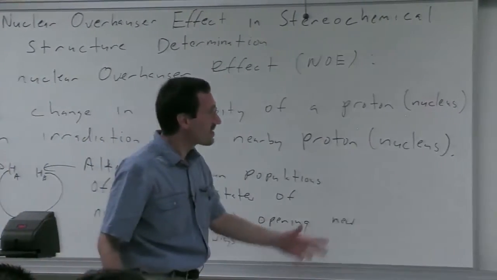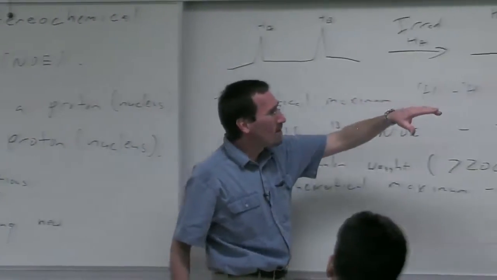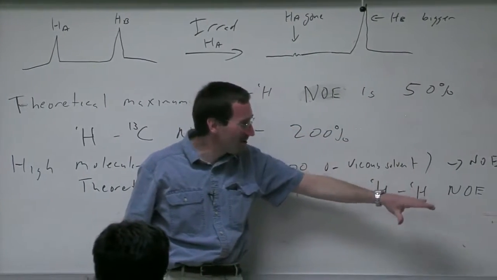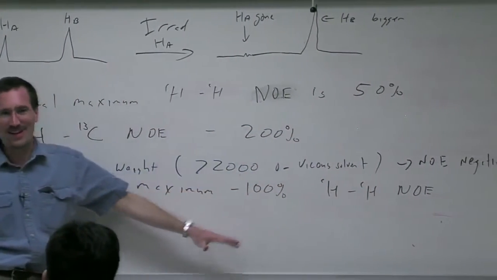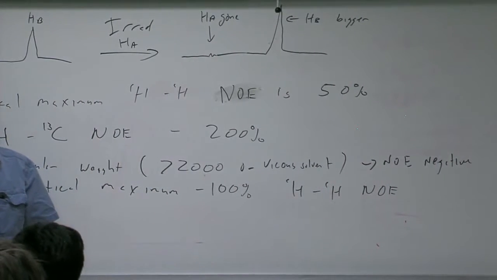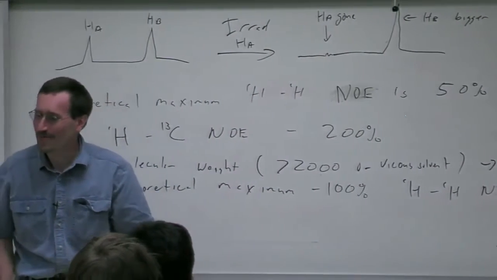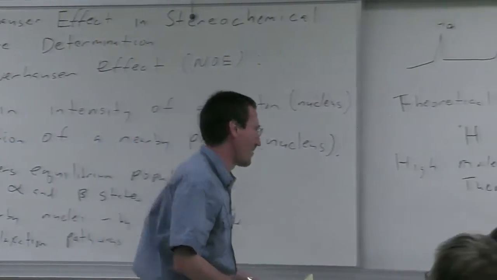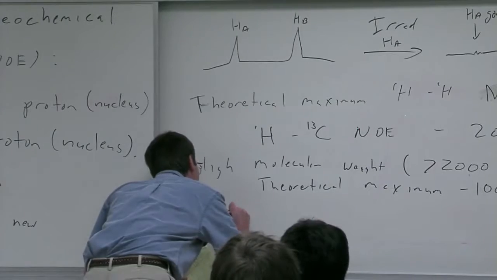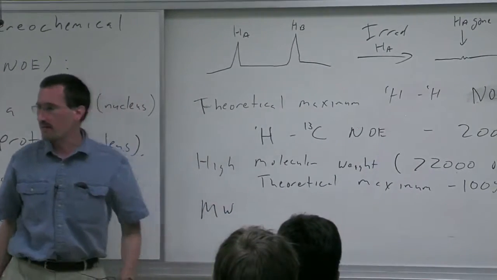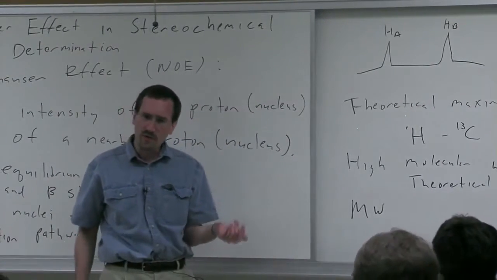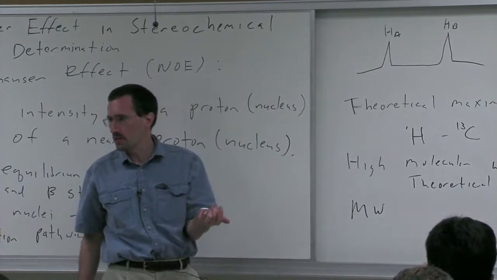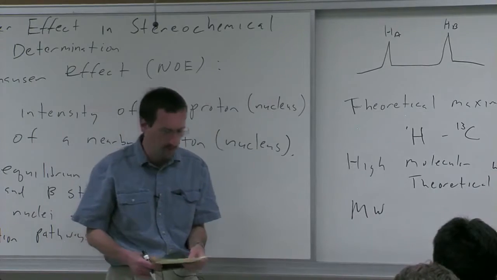Because what happens as you go from small molecules that have a positive NOE to big molecules that have a negative NOE is what? No NOE. So medium-sized molecules often end up having 0 NOE. And I really don't want to be putting hard numbers on this because it depends on which solvent you're using, it depends on the field strength of the spectrometer, it depends on the shape of the molecule, it depends on the temperature.